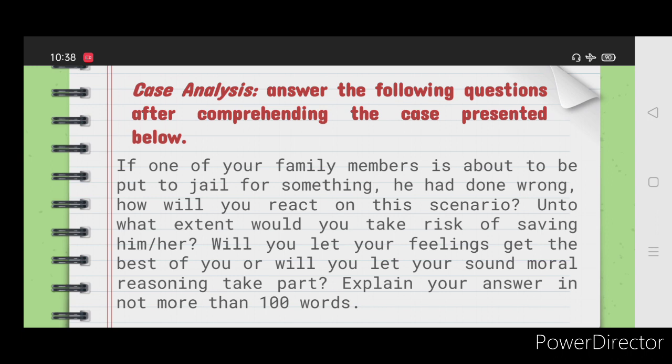If one of your family members is about to be put to jail for something he had done wrong, how will you react to this scenario? And to what extent would you take the risk of saving him or her? Will you let your feelings get the best of you, or will you let your sound moral reasoning take part? Explain your answer in not more than 100 words.